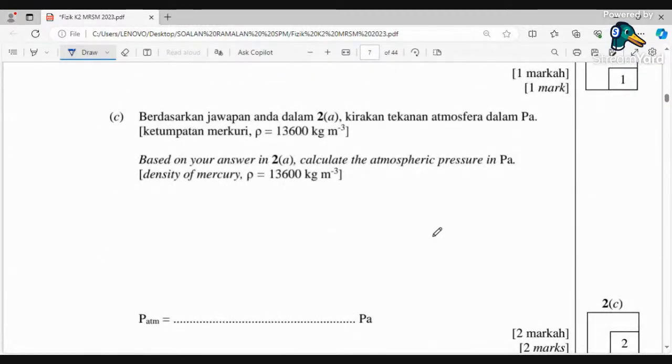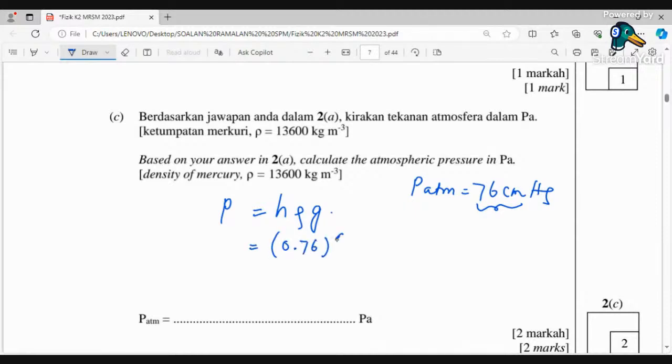Based on your answer, calculate the atmospheric pressure in Pascal. This one is a unit conversion. So use h rho g. The atmospheric pressure is 76 cm mercury. You convert 76 cm to meter, so 0.76, then the density of mercury, and then the gravitational acceleration.